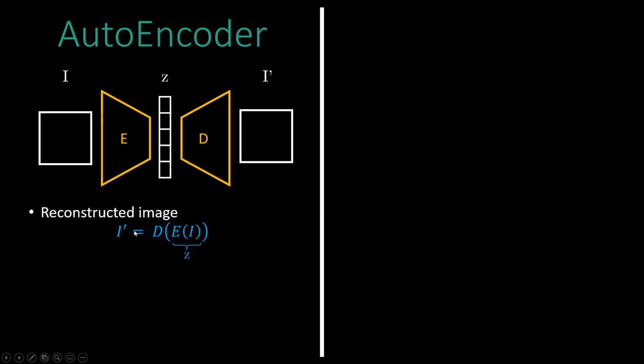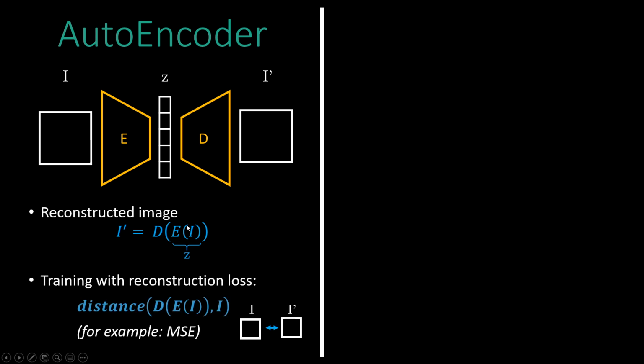We can call this the reconstructed image. What we care about is having some sort of distance metric between this reconstructed image and the original image. So you're basically comparing these two images pixel by pixel. For example, what is used is the mean square error, which is basically a distance between each pixel, squared and then summed over the whole image.